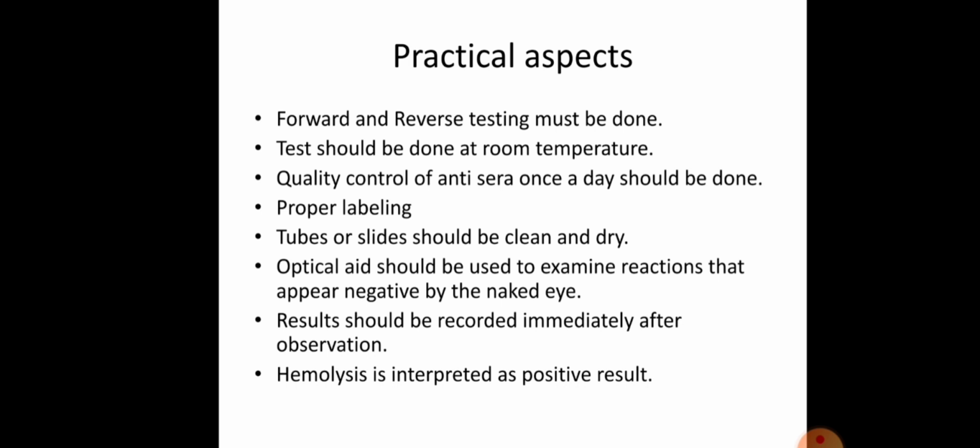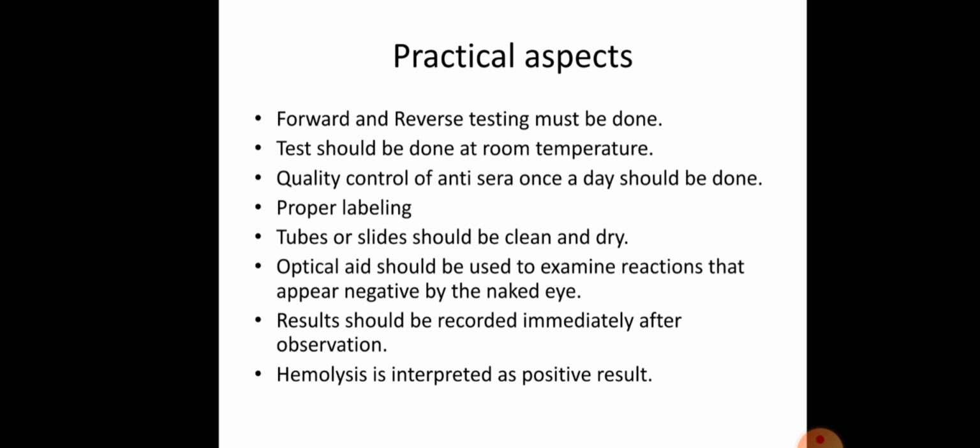Whenever we do any blood grouping, forward and reverse blood grouping will be done. The forward is from RBC, the reverse is from the serum. The test should be done at normal temperature. Quality control of antisera should be done daily. There should be proper labeling. Tubes or slides should be clean and dry.